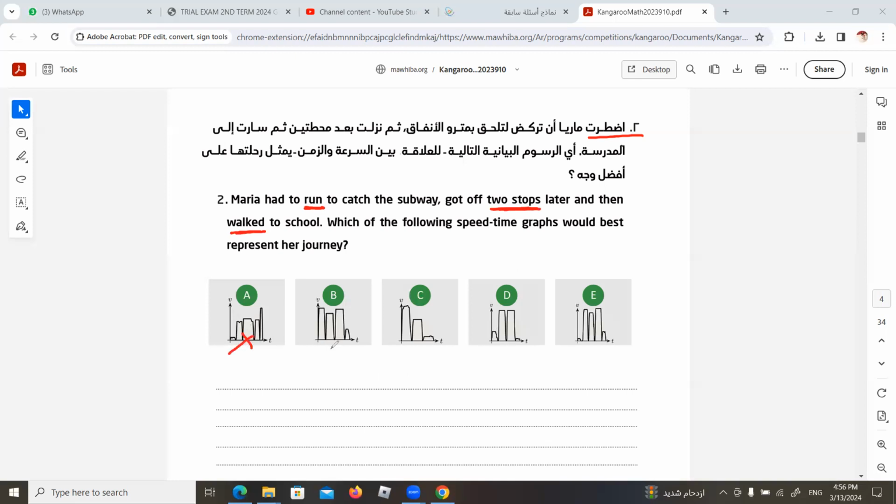So this is wrong, and this is wrong, and this is wrong. Here I have the first stop and the second stop. This is the run, and this is the walk. So letter D is the best representation for her journey.